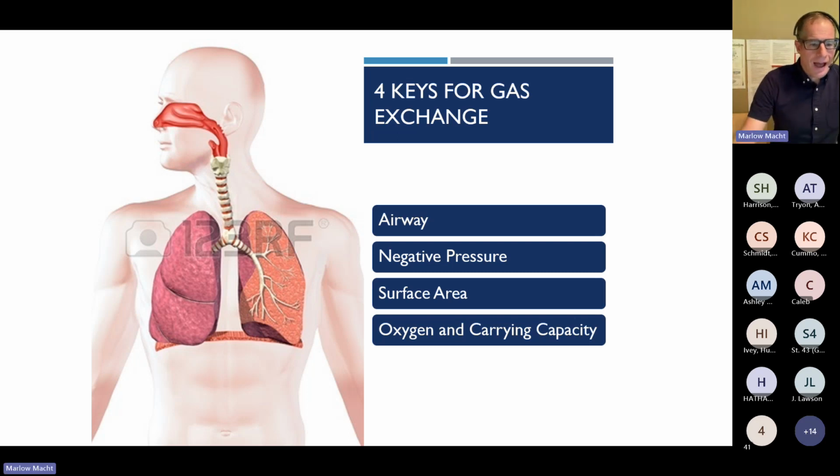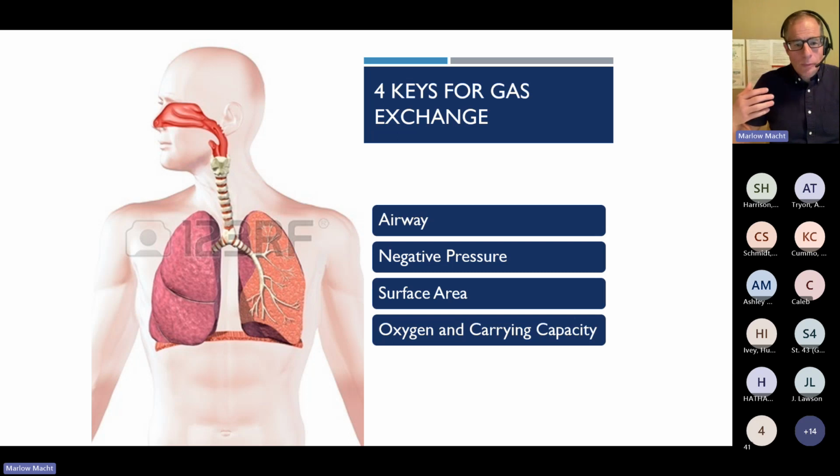And then you need to have oxygen coming into the lungs, and then you need to have the carrying capacity to take that oxygen throughout the body. You need the carrying capacity to get the carbon dioxide back to the lungs and then ultimately out. So everything that goes wrong with breathing is a problem with one of these 4 things.